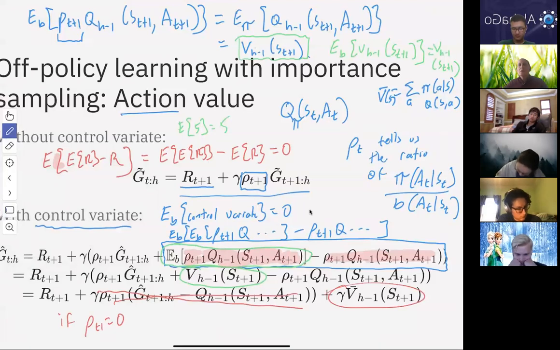We're basically just saying we get the immediate reward plus our discounted estimation of the next state, which is the weighted sum across all the Qs for all the actions weighted by pi. And that is again going to have less variance than if we just used this first equation without the control variate, where this whole term would go to 0 and we just end up with the immediate reward and assume we had no future reward. Here, our future reward we're going to assume is whatever our current estimate of Q is.